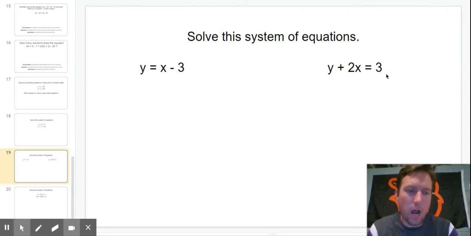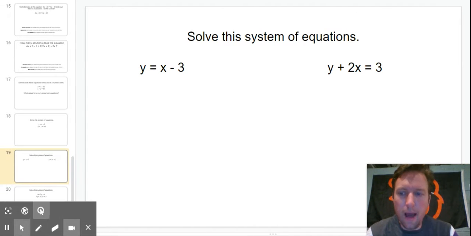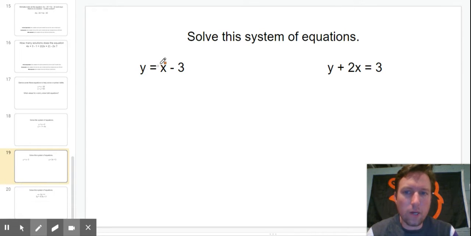At the end of this problem, we want to have x equals a value and y equals a value. So right off the bat, I see that this equation, y equals x minus 3, gives me the value for y.